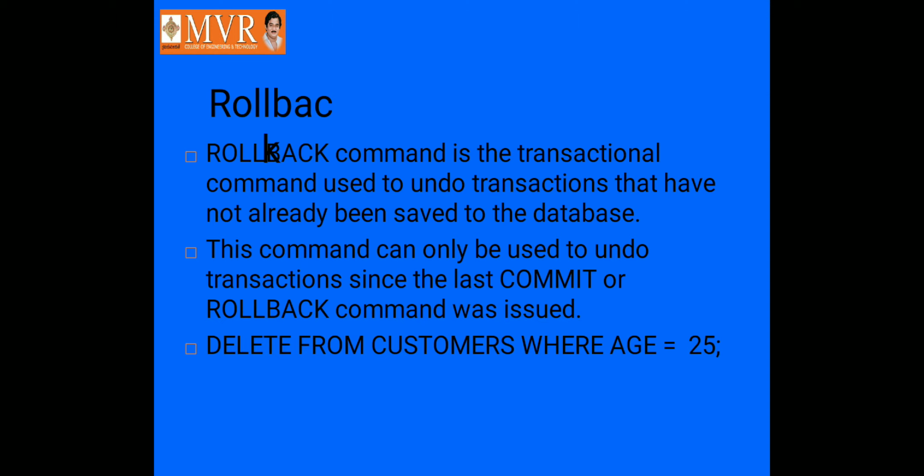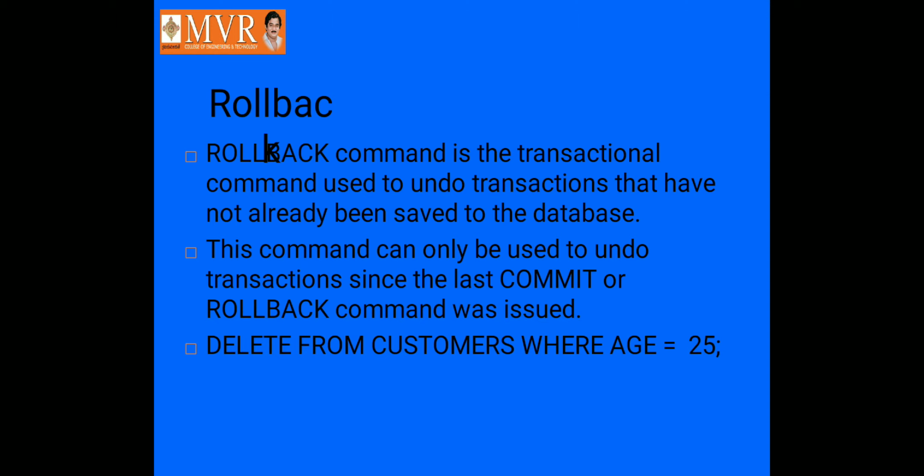The save point is where you previously used the commit. Save means commit: whenever you use commit, the previous data we have will be stored permanently. So after that, whatever you do, you can roll back.